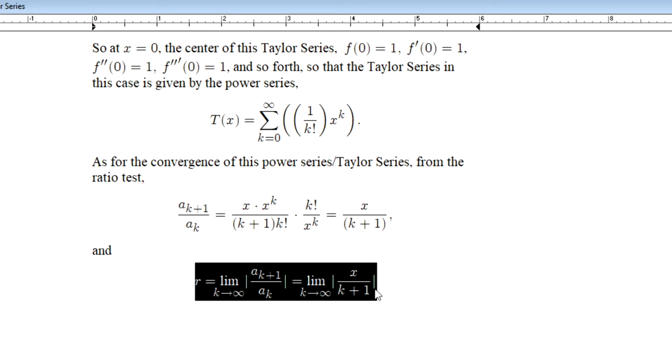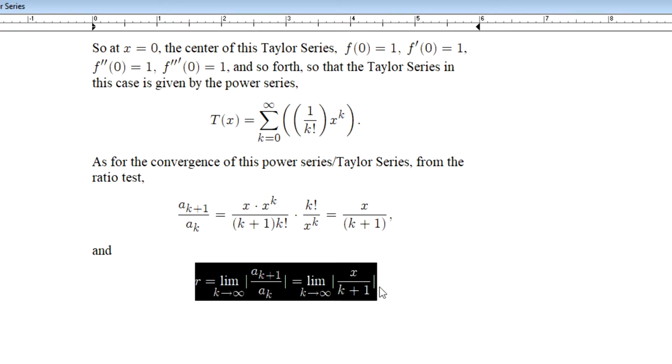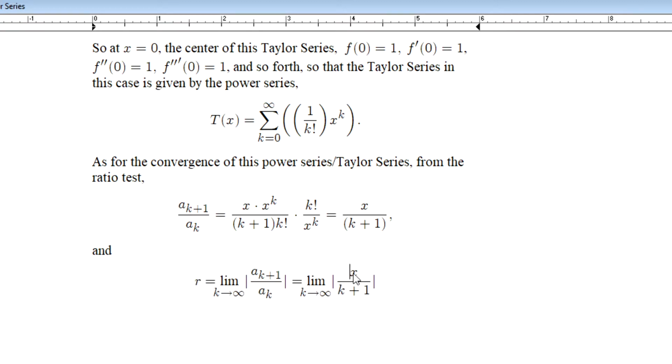And if we take note, the absolute value symbols will only apply to the x, since k will always be greater than or equal to 0, starting at 0 and heading off to infinity. They aren't going to be needed down here in the denominator. They will only be needed up here in the numerator for x.